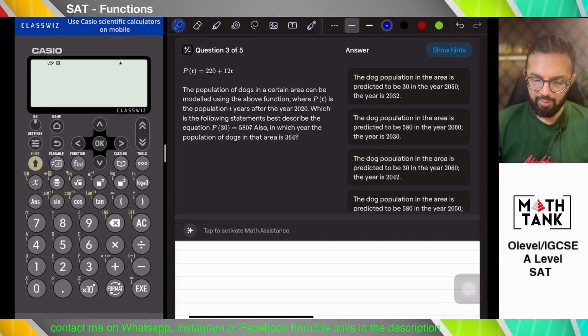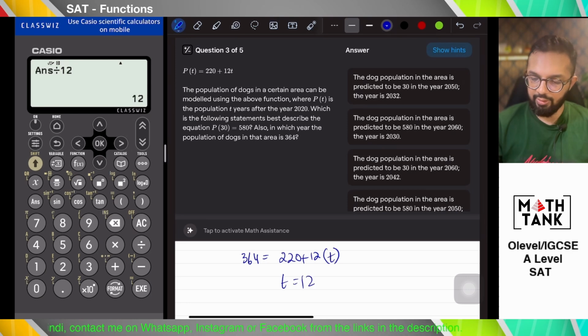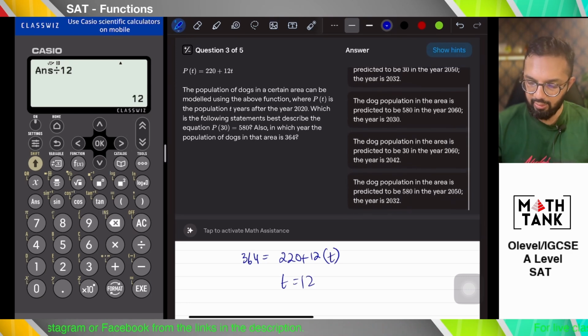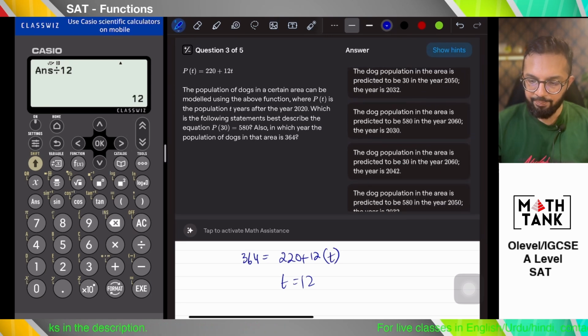Also, in which year the population of dogs in that area is 364. I can say 364 equals 220 plus 12 times t. So 364 minus 220 divided by 12. I'm getting 12. So in 2032 probably because I'm in 2020 right now. So either A or D is the correct answer.